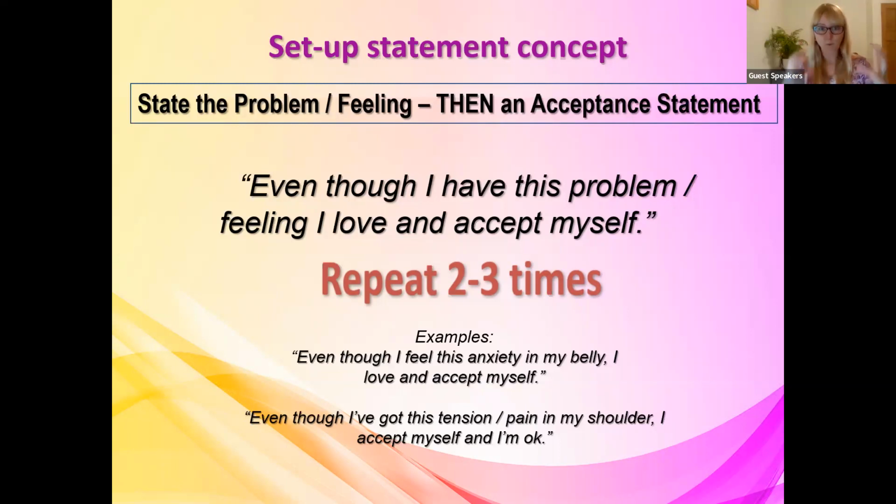So we need to accept where we are, because otherwise we might be in denial. And then if we're in denial, we can't really change anything. So this is quite important, accepting where we are, naming the problem and saying, I accept it. Not nice, okay, but just for the moment, this is what it is, and I'm working on it. Okay, so we repeat the setup statement 2 or 3 times.